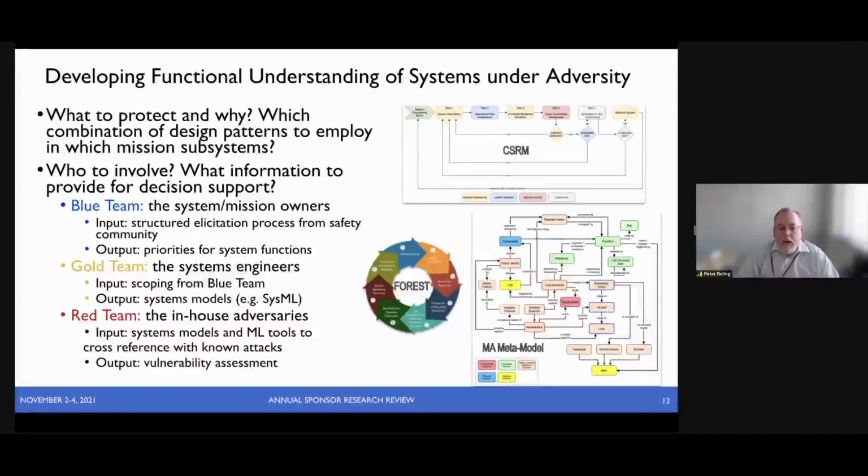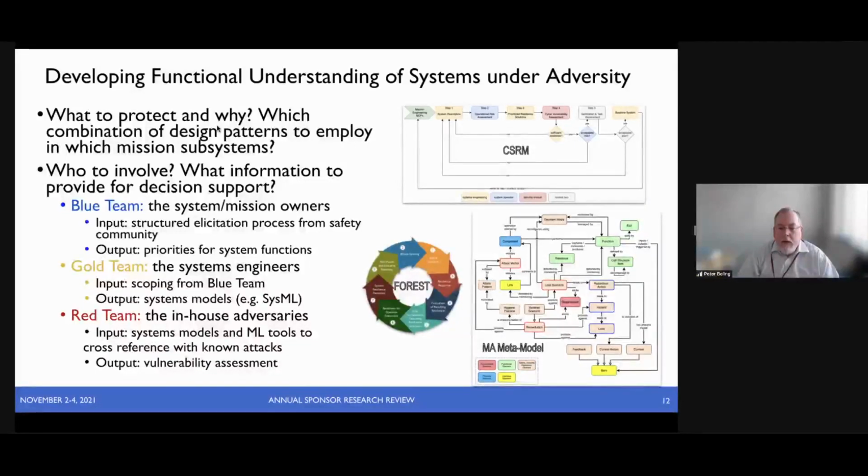But this is where the prioritized list and the focus on resilience come into play, because we can bound the activity that we're asking of the gold team. What you're modeling are the aspects of the system that have to do with resilience, and in particular, focusing attention on the kinds of losses and the prioritized list of concerns that were expressed by the blue team.